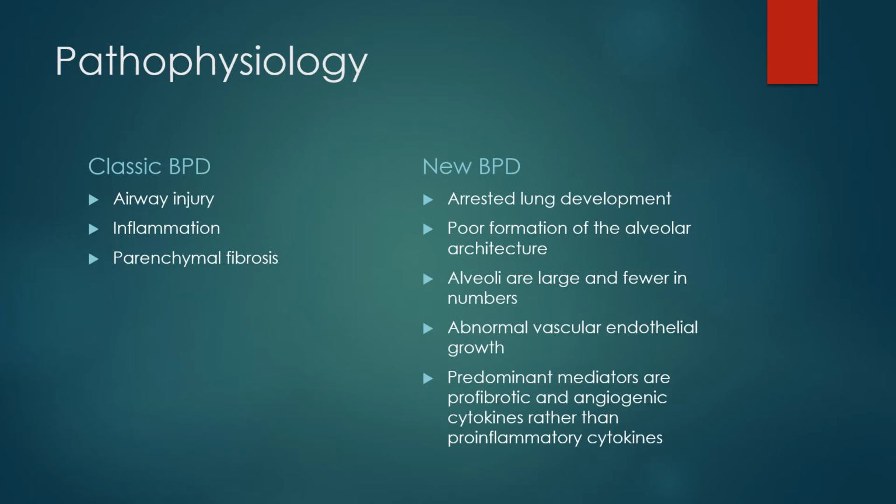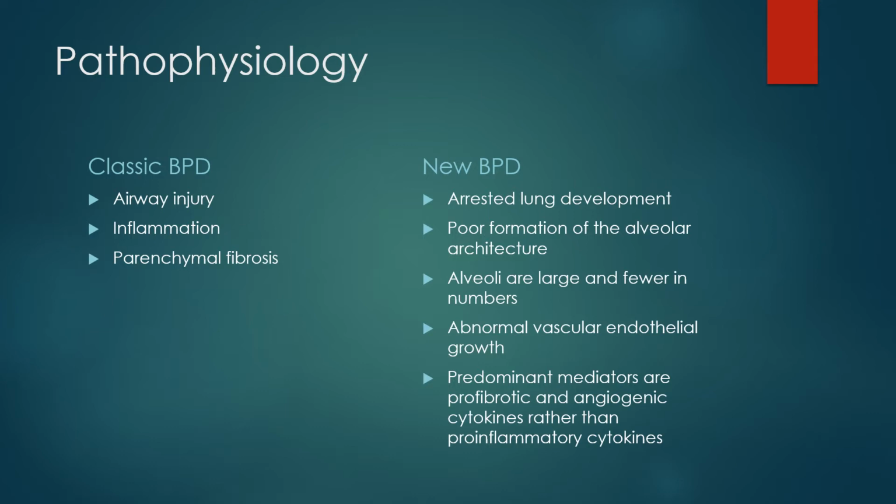In the current era of neonatology, the widespread use of antenatal glucocorticoids, postnatal surfactant, and nasal continuous positive airway pressure has decreased the incidence and severity of RDS, and in consequence, also decreased the incidence of BPD in premature babies.